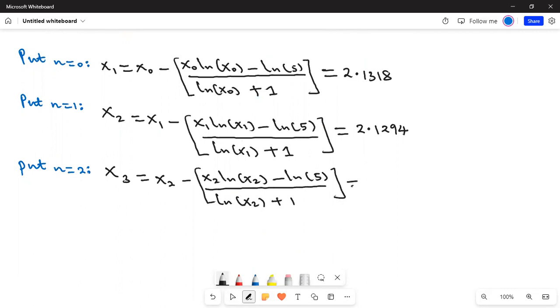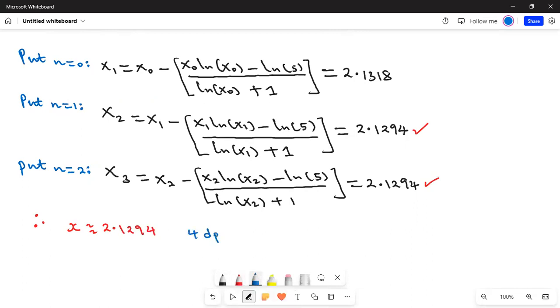When I press this again, I'm going to get 2.1294. So we realize that the value we get as our x2 is the same as the value we get as our x3. So we stop there and say that because this value is the same as this, therefore our x is approximately equal to 2.1294. That is correct to 4 decimal places.